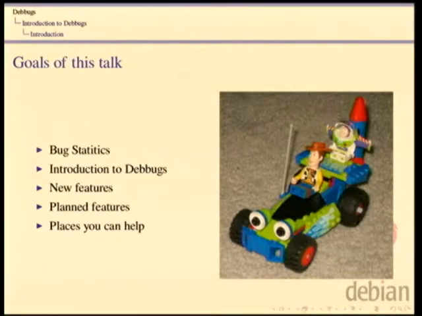The first couple things that I'm going to talk about are just some general bug statistics. I enjoy showing some plots. I'm going to introduce the basic architecture of debbugs. Just to back up, debbugs is the system behind bugs.debian.org. So if you filed a bug, you fixed a bug, or you've wondered what bugs exist, you've interacted with debbugs.